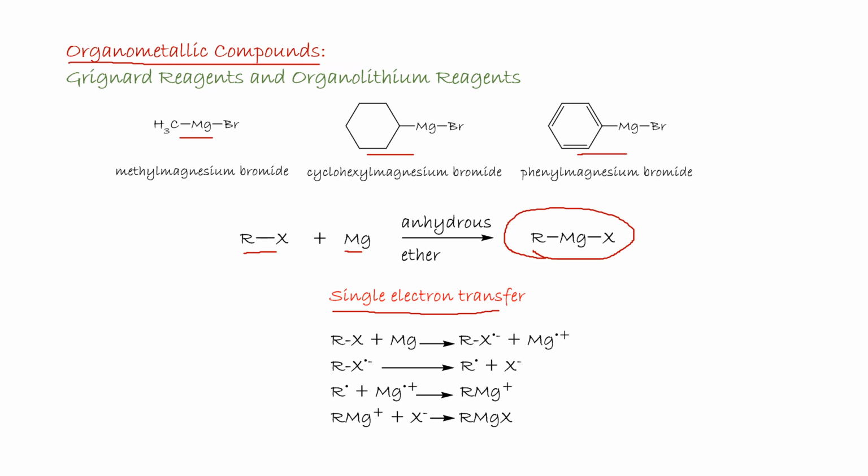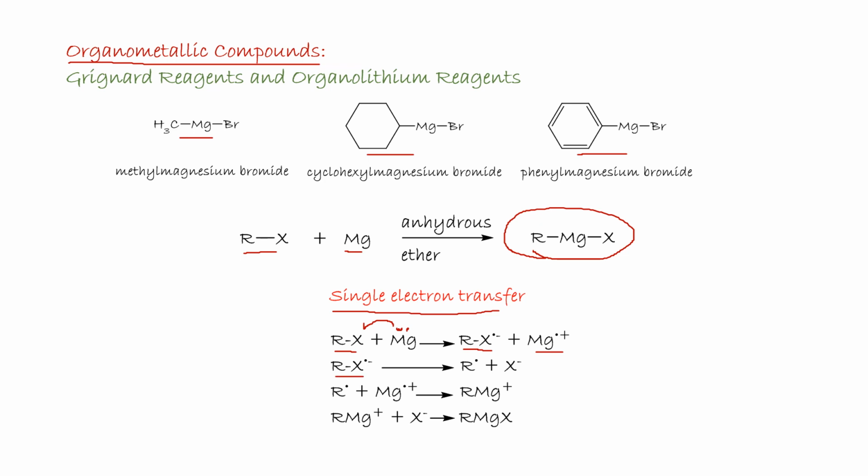So RX will get one electron from magnesium. Magnesium has two outer shell electrons, so it will provide one electron for the halide to form RX radical anion, and magnesium will be a magnesium radical cation.